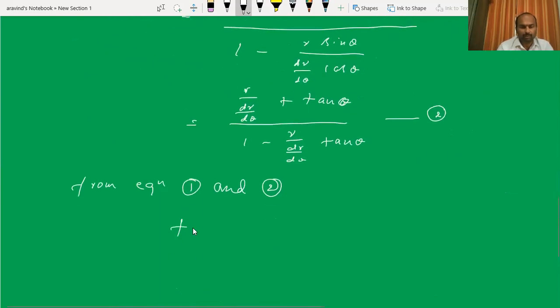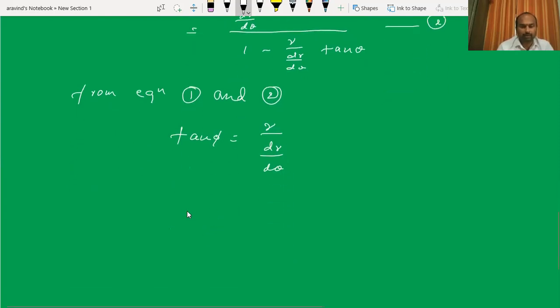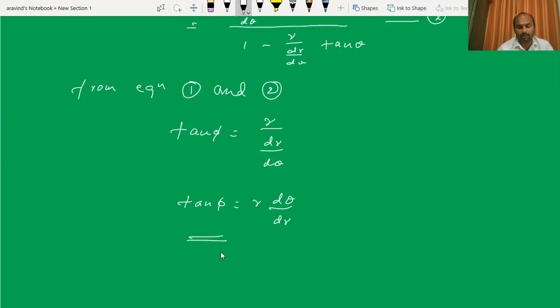So instead of tan phi, we have r by dr by d theta, or you can write this as tan phi is equal to r d theta by dr. So this is the expression for the angle between radius vector and tangent.